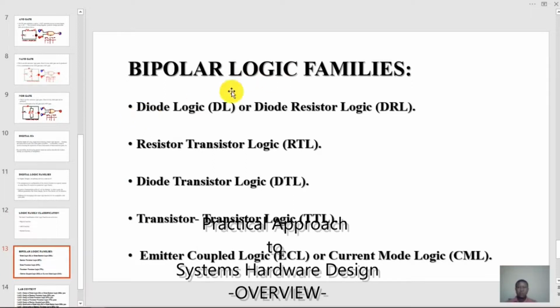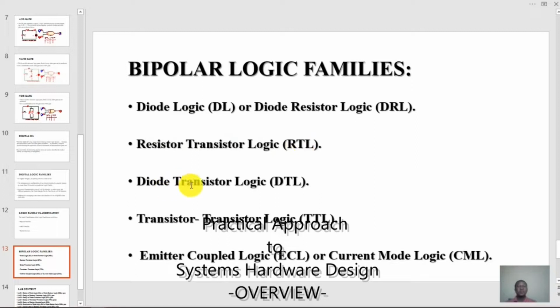In bipolar families, we have the diode logic or the diode resistor logic. This particular family uses diode, or diode and resistor, to form the logic gate. So it can be an AND gate or an OR gate. Then we have the resistor transistor logic. This makes use of resistor and transistor to form the logic gate.